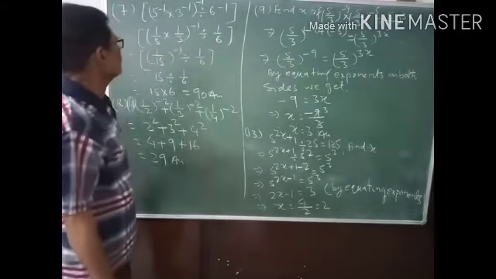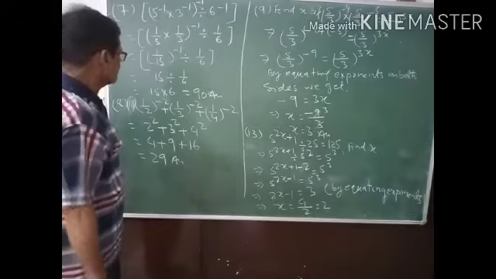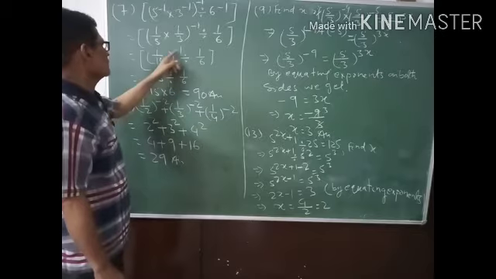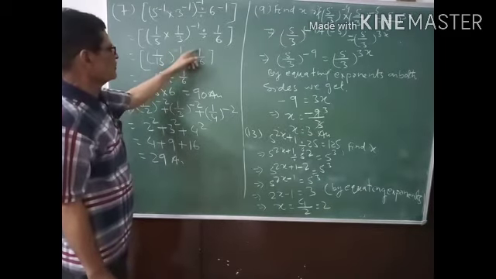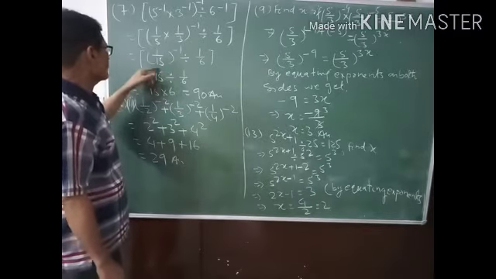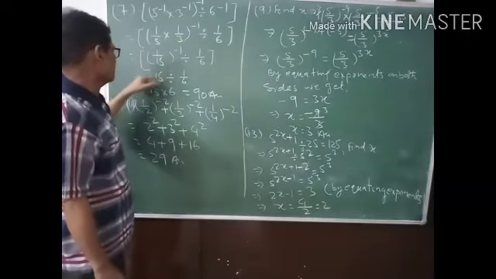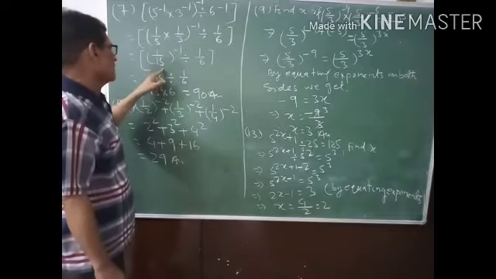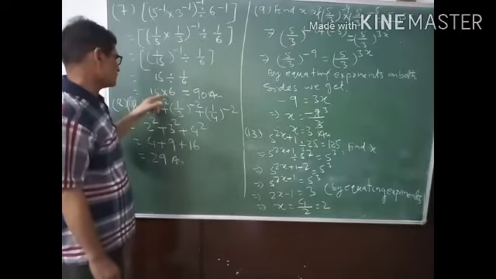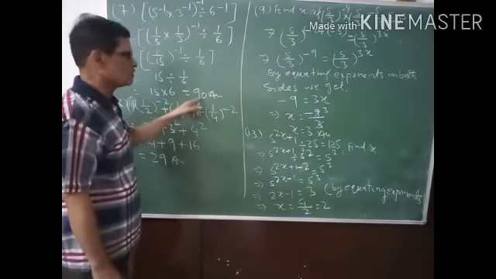By doing so, you change the negative exponents into positive. Now this will become 1 by 15 to the power minus 1, divided by 1 by 6. You can write this as the reciprocal. The exponent is negative, so you can write here 15 to the power 1, divided by 1 by 6. Now change this division into multiplication and this will become 15 into 6. This will give you 90.